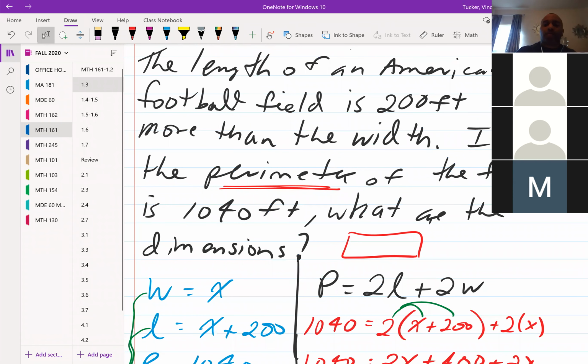All right, so this next one, we have the length of an American football field is 200 feet more than the width. If the perimeter of the field is 1,040 feet, what are the dimensions? So I'll give you a chance to write it.